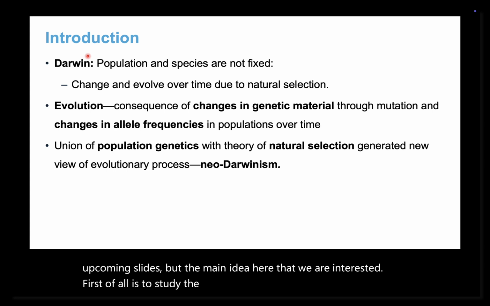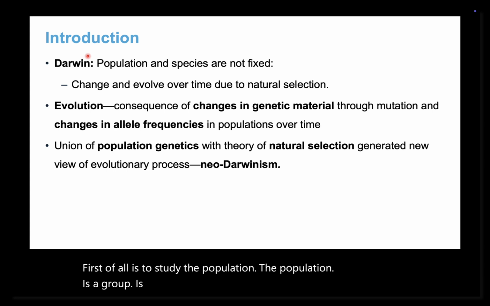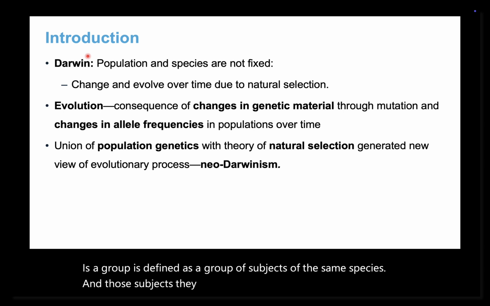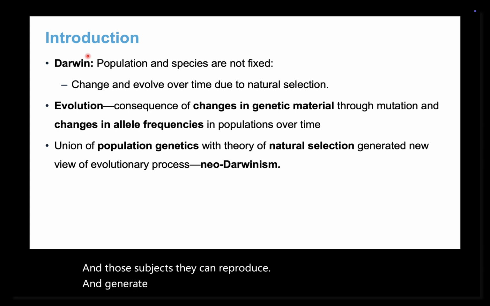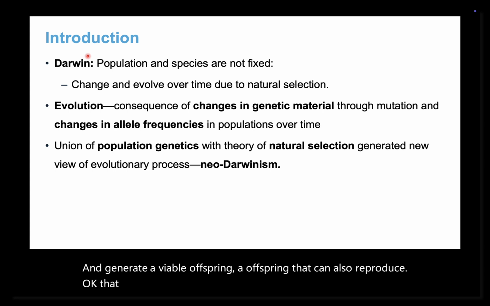The population is defined as a group of subjects of the same species. And those subjects can reproduce and generate a viable offspring, an offspring that can also reproduce.